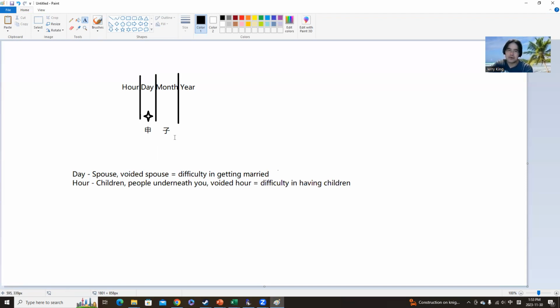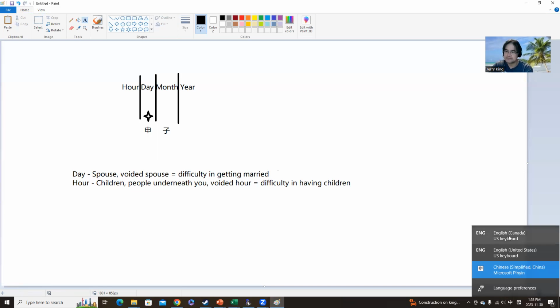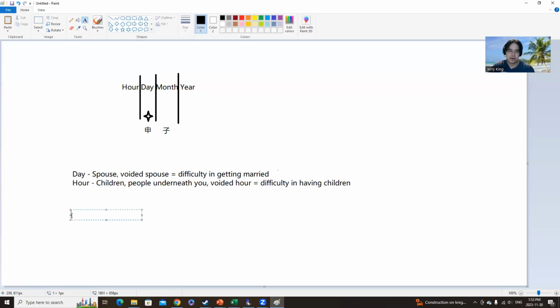A lot of records in the Chinese classics say that if there's a combination, whether it's the Sanhe, the three harmony, or the Liu He, or the directional, it's possible that this nullifies the void. So what I could say here is, I'm just going to add one more note here.